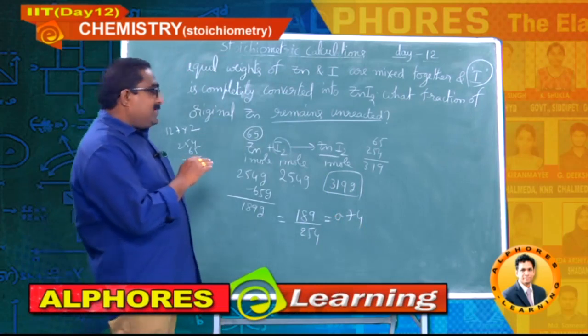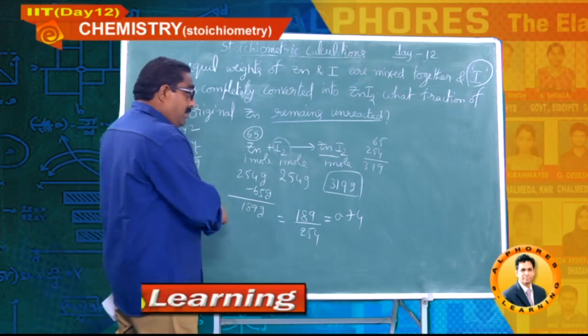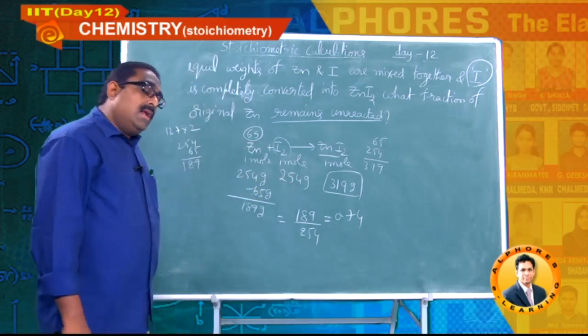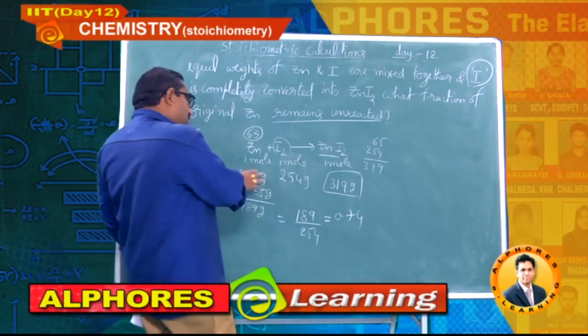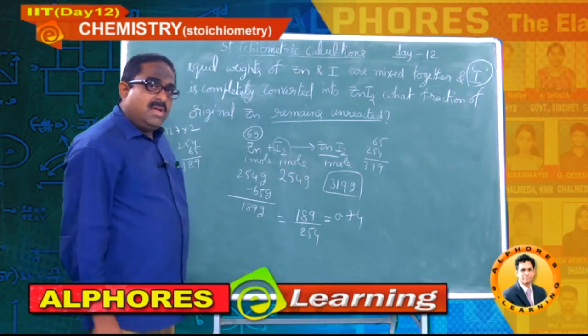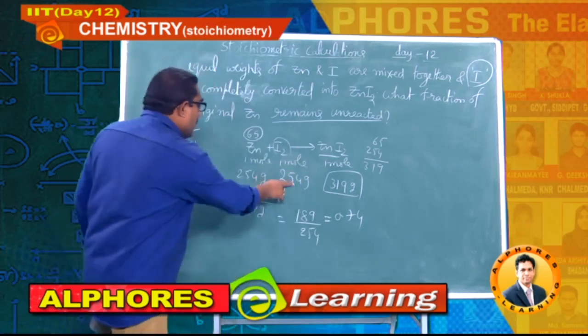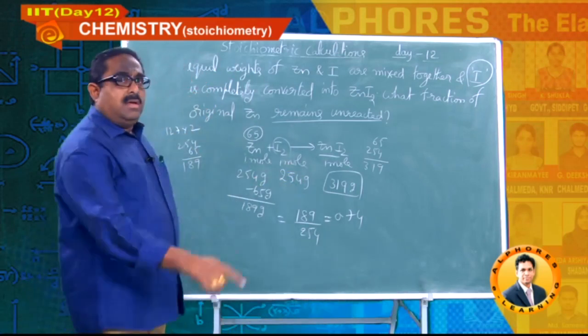While observing this solution, you may get one doubt. Sir, you have taken 254, 254. You can take 100, 100. You can take 65, 65. You can take 200, 200. You can take 1 gram, 1 gram. But the ratio will never change.